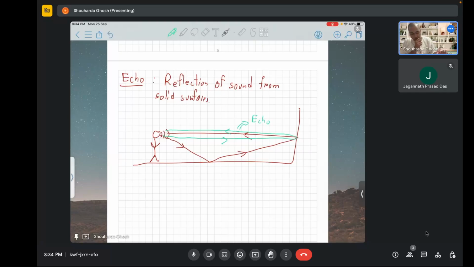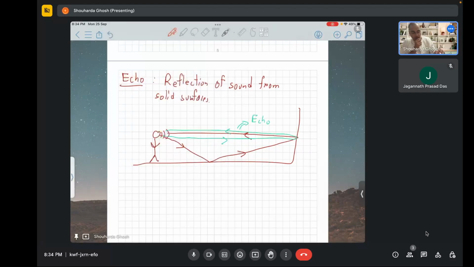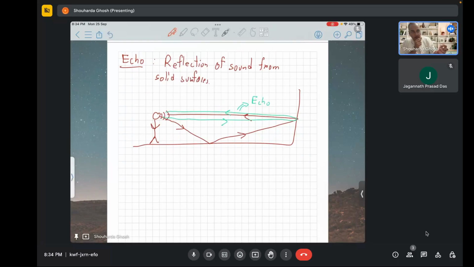Okay, so when you have an echo, how do we represent it from a signals and systems perspective?